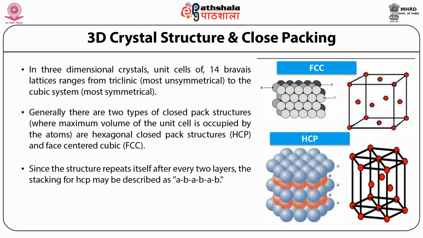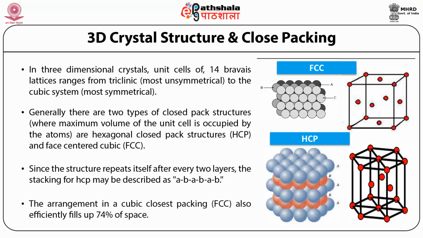Since the structure repeats itself after every 2 layers, the stacking for HCP may be described as AB, AB, AB. The atoms in a hexagonal close-packed structure efficiently occupy 74% of space while 26% of space is empty.